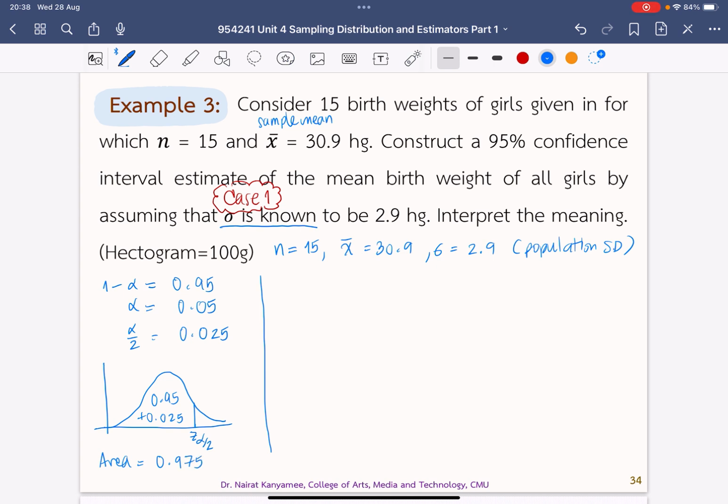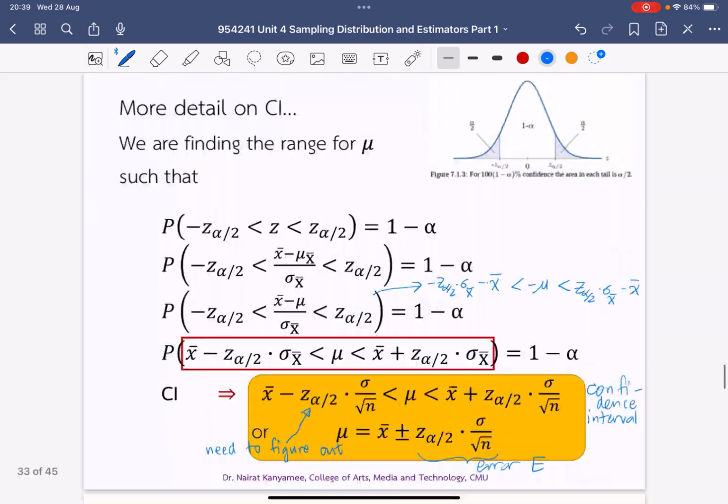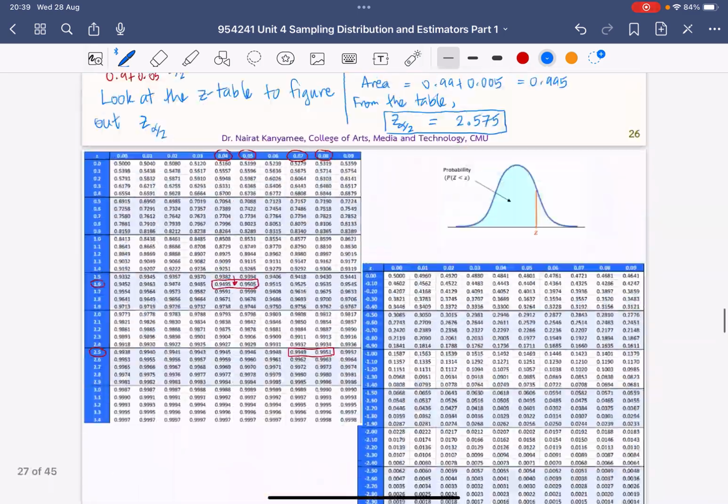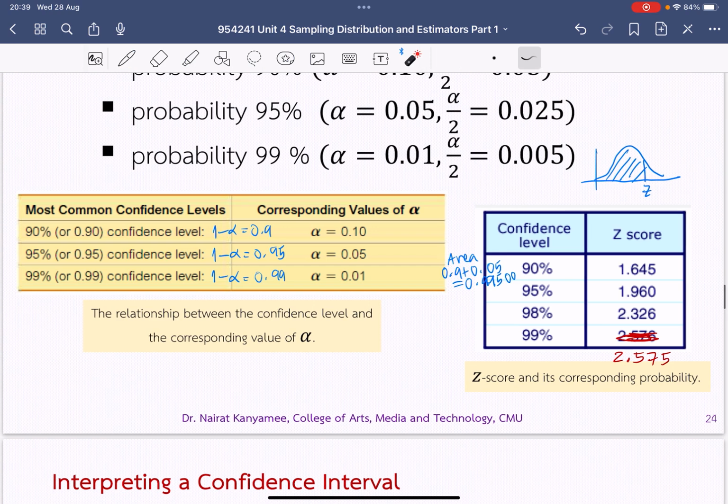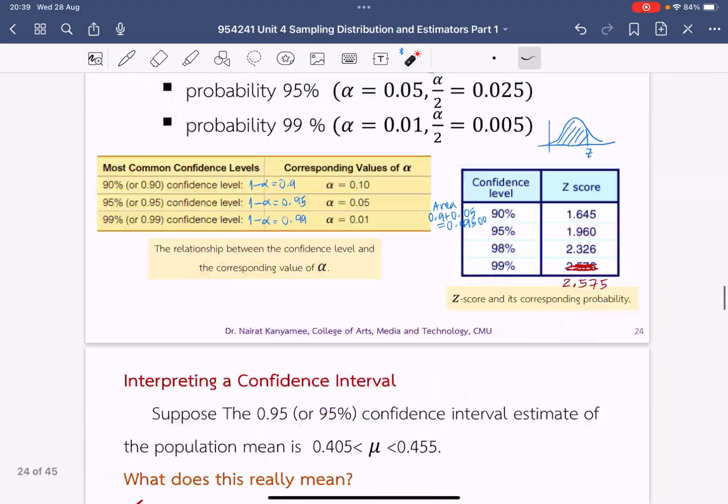Okay, so from the table, which we did many times, or you can look at the table here because they already put it up, for 95%, z is going to be 1.96.